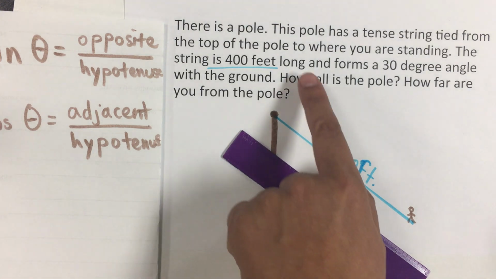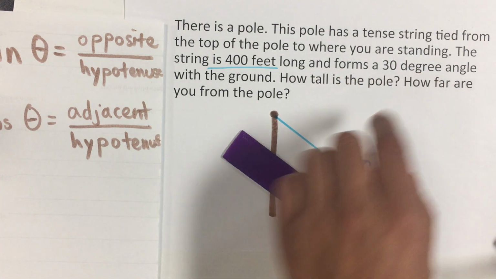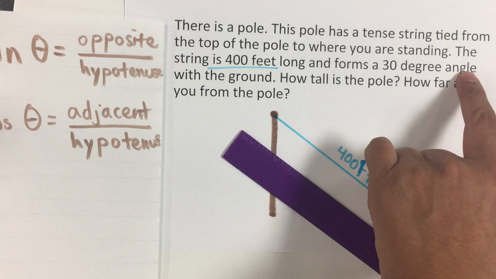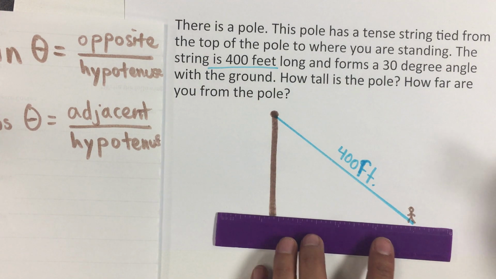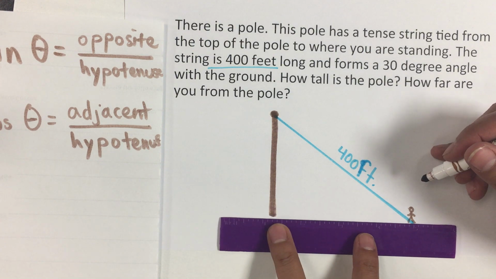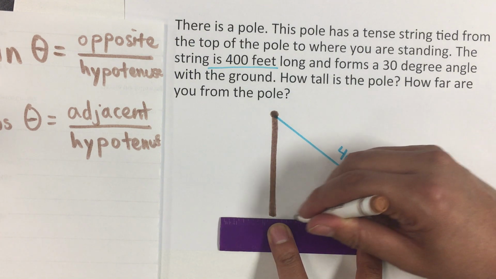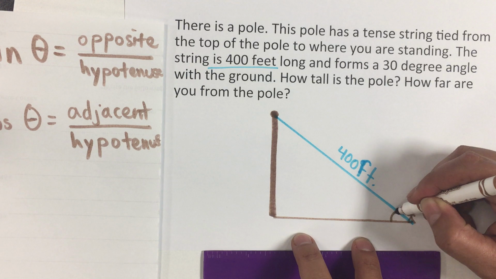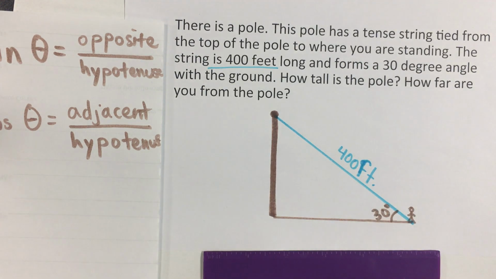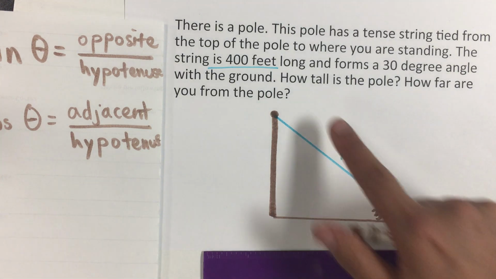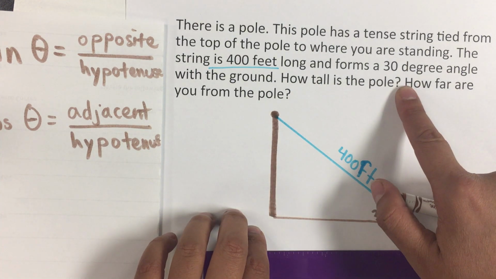Then it says that this string forms a 30-degree angle with the ground. So the ground is here. And this forms a 30-degree angle. Then it says, how tall is the pole?